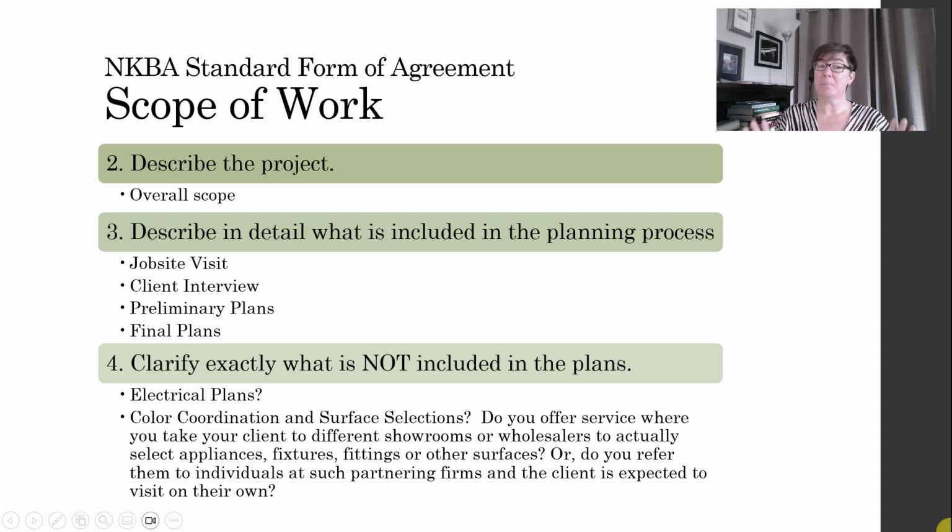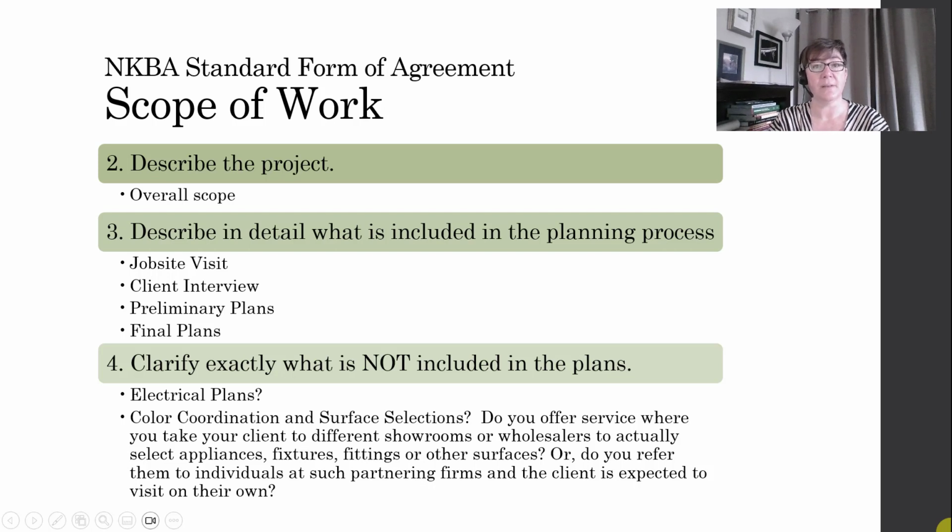And finally, it's just as important to clarify what's not going to be provided as what's going to be provided. All right, so be specific about this. One thing NKBA specifically calls out is electrical plans. Are you going to do this, or is the electrical contractor going to?